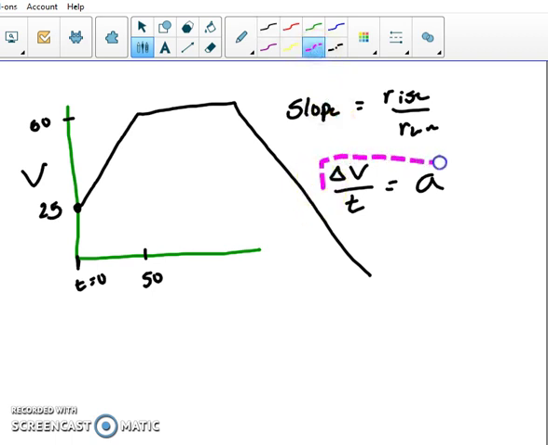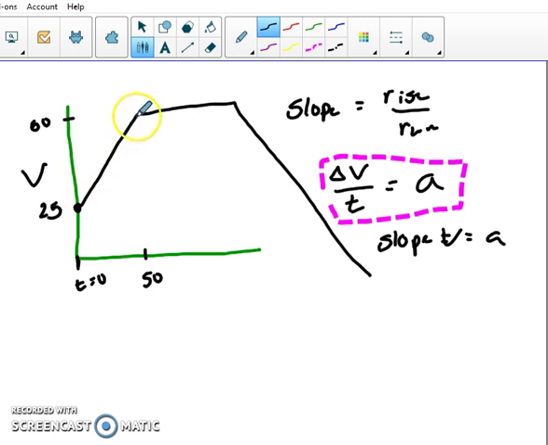So the slope of a velocity versus time graph is equal to acceleration. So here we have a positive slope, meaning we have a positive acceleration.